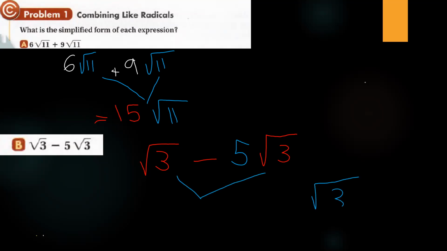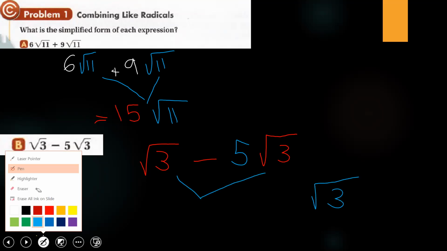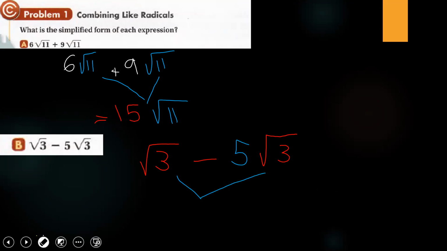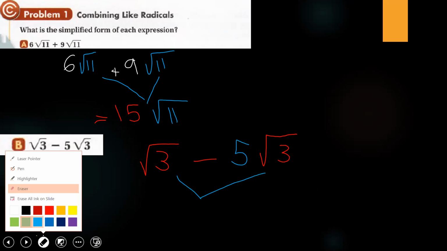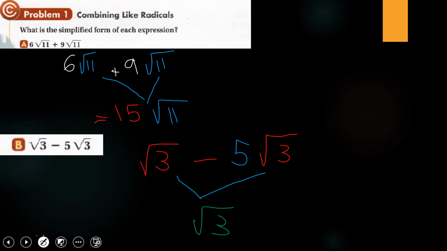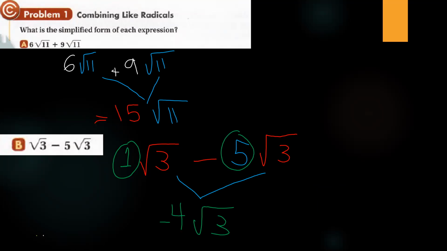Then let's subtract because we have a minus sign. What is the number that is hidden here? 1. So let's now subtract 1 minus 5. 1 minus 5 is negative 4. So the answer is negative 4 square root of 3.